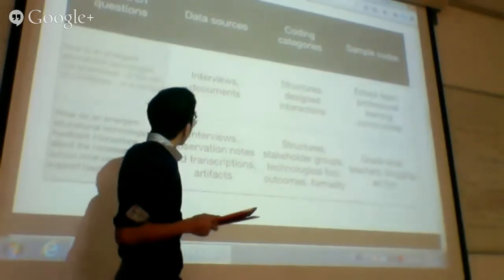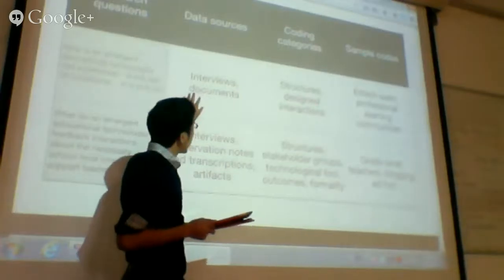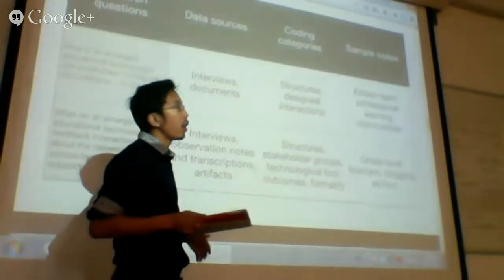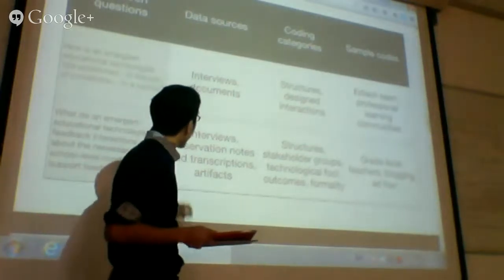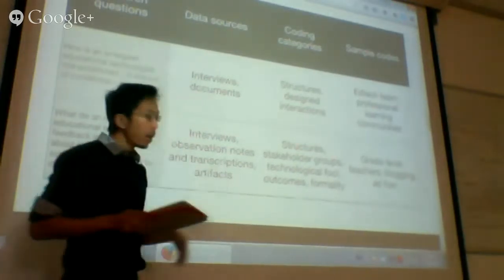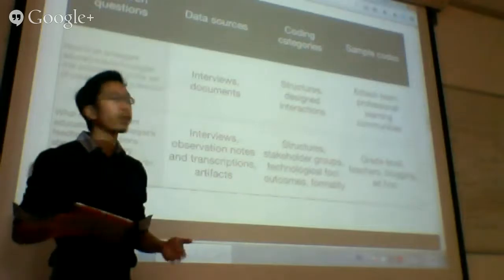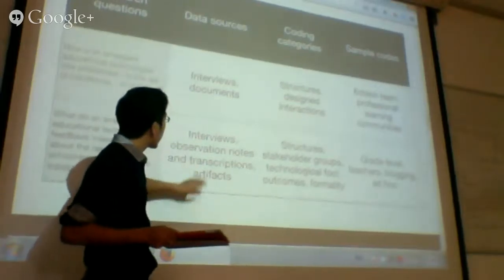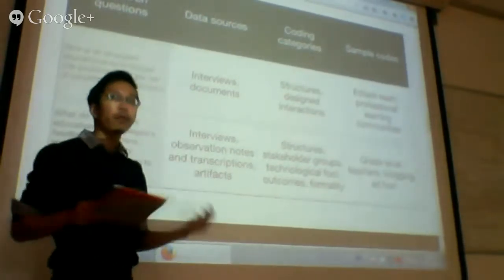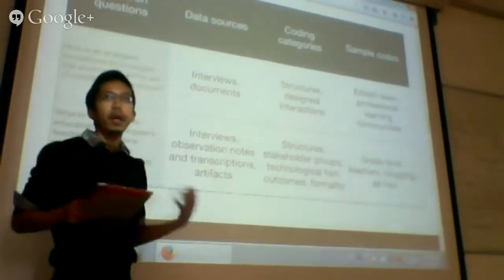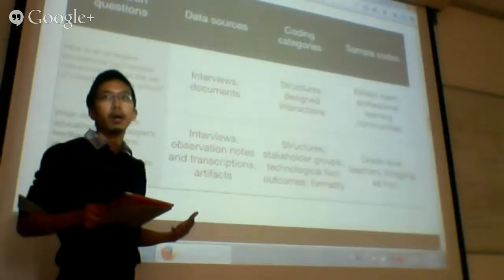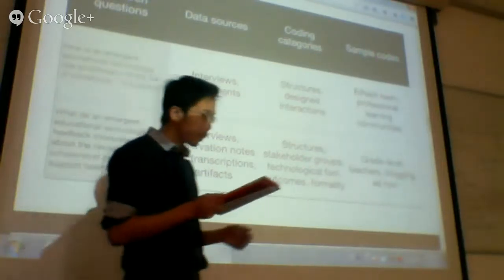I also took a look at the policy documents from the school to understand the school level conditions where each technologist was placed. And I also looked at artifacts from designed interactions. And the observation notes and the artifacts and documents are methodological triangulation for the interviews. Most of the data I get for the cases comes from the interviews.